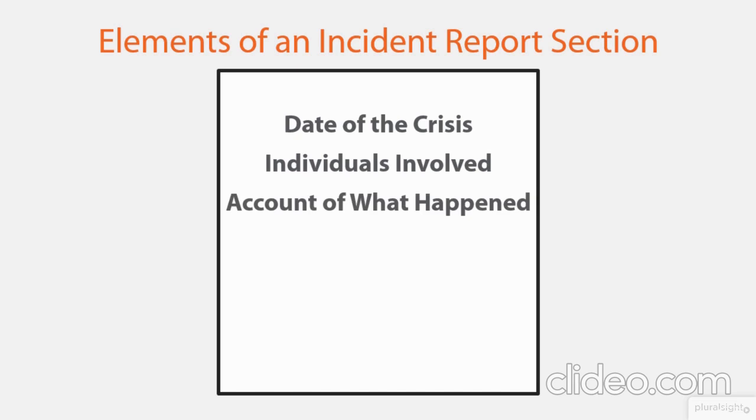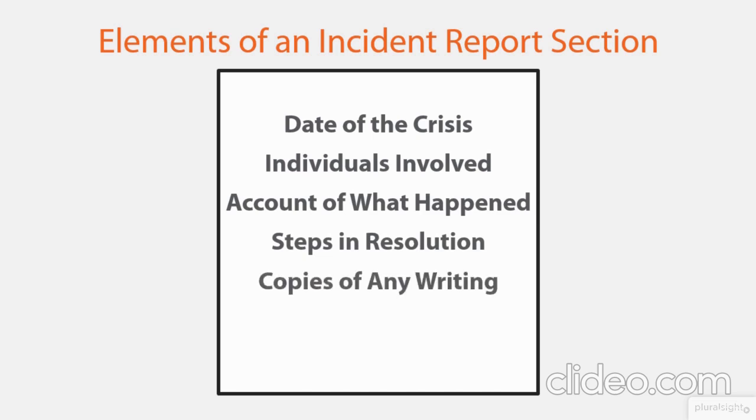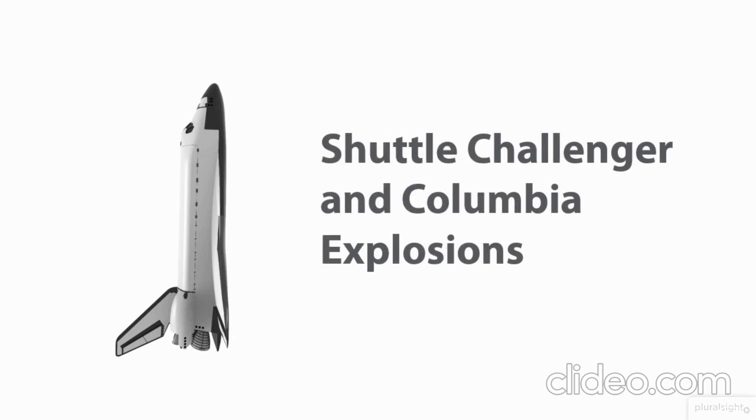Hopefully, the report section will include any steps that the organization or individuals took for resolution, as well as copies of any writing that was generated throughout the process. After the writing, there should be some indication of assessment of success and whether the steps taken achieved their respective goals.